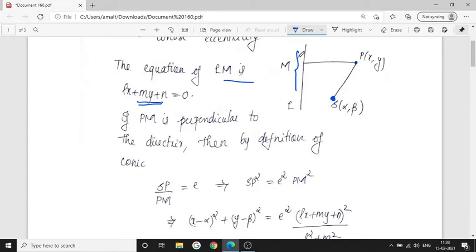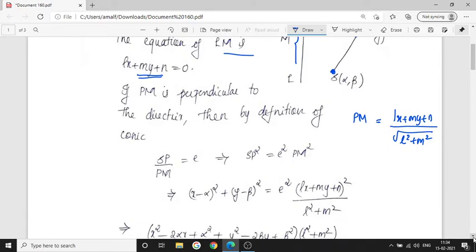Now PM, that will be the distance PM will be (lx plus my plus n) by root of l square plus m square വരും. So upon squaring you will get (lx plus my plus n) whole square by l square plus m square.